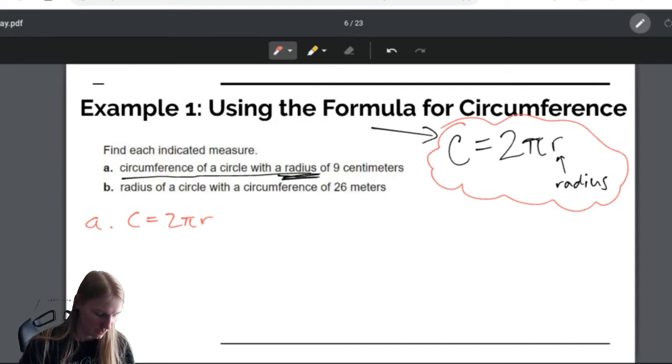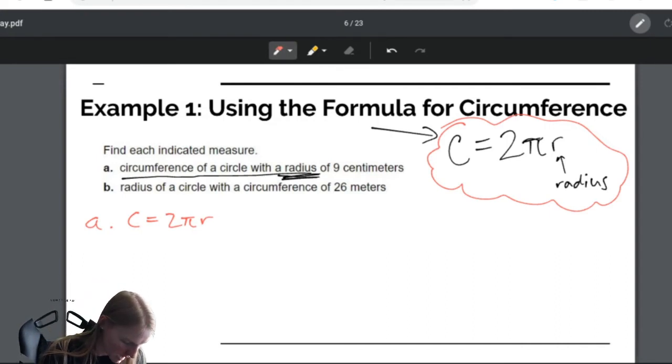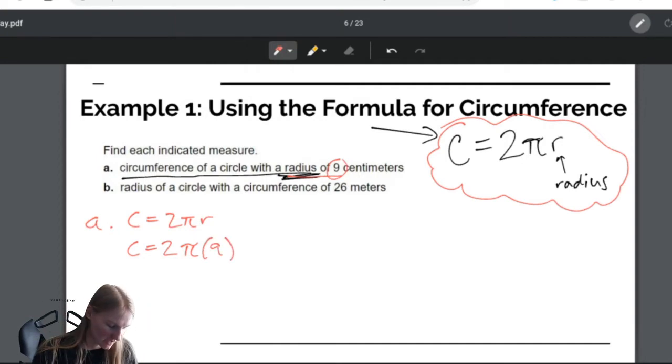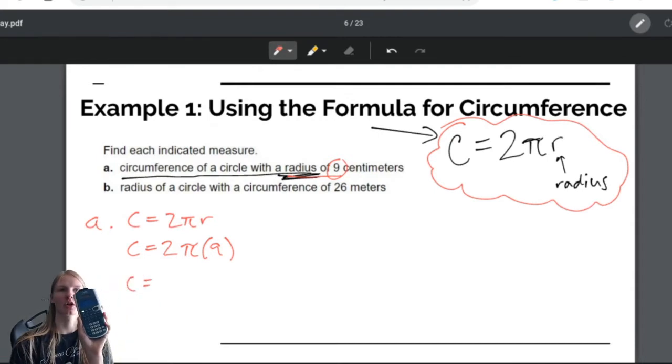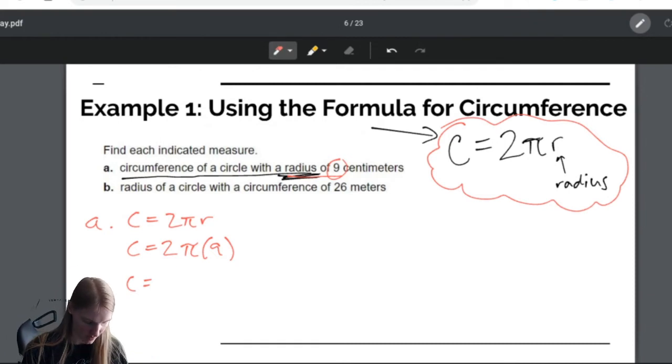Okay, so circumference equals 2 pi r. That means 2 doesn't change, pi doesn't change, but remember the radius is 9 centimeters. So that r will change to a 9. Don't forget centimeters, because we'll have our units in the end. So circumference equals 2 times pi times 9.